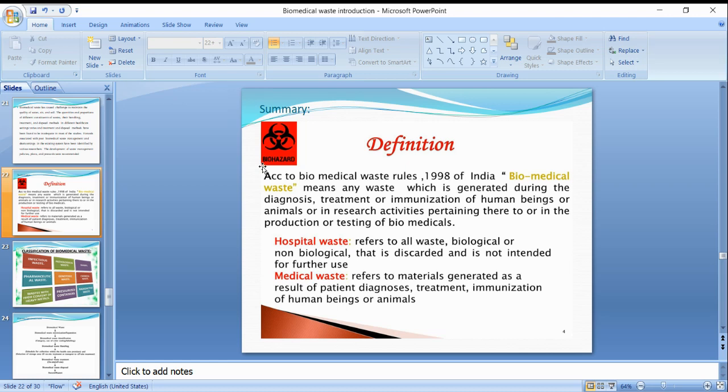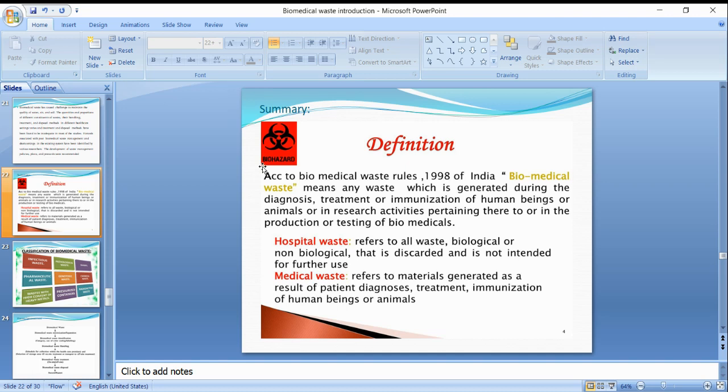Medical waste refers to the materials generated as a result of patient diagnosis, treatment, or immunization of human beings or animals. So medical waste is from a patient: whatever waste comes at the time of treatment is the medical waste.